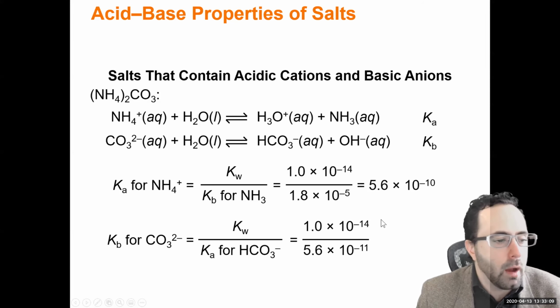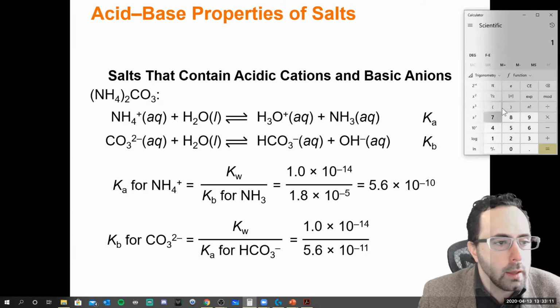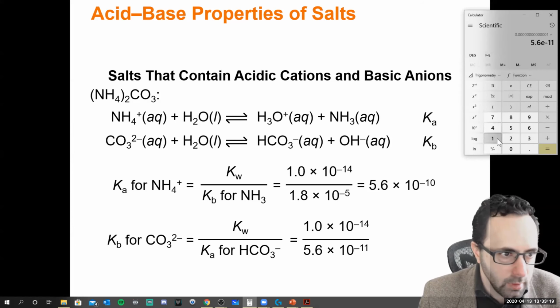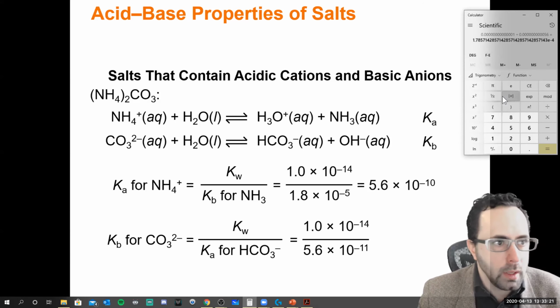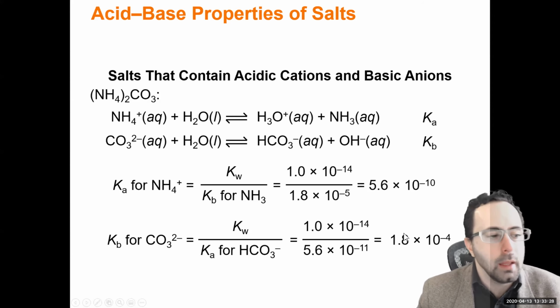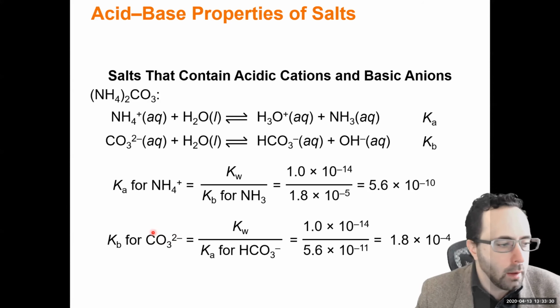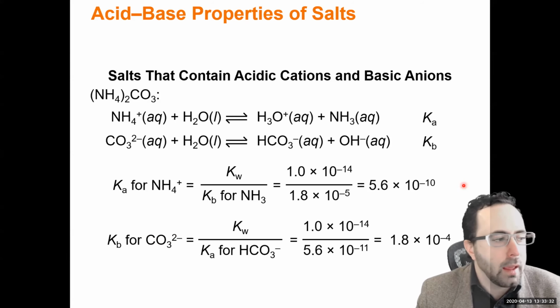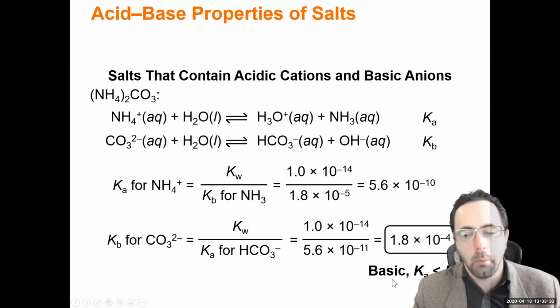And then we divide those again, 1 EE negative 14 divide 5.6 EE negative 11. And we get 1.8 times 10 to the minus 4. So since the Kb for carbonate ion is greater than the Ka for ammonium ion, this solution will be basic.